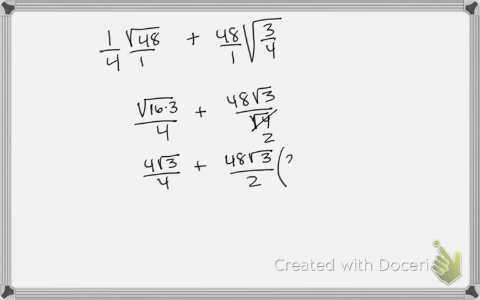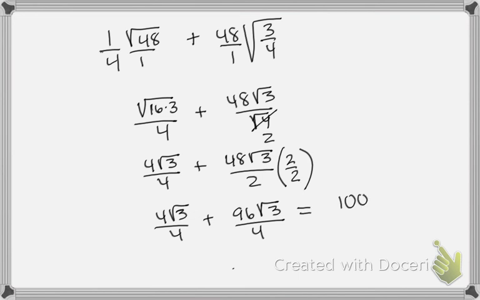I'm going to have to multiply this by 2 over 2. We can't add it until our denominators are the same. So then what I get is 4 rad 3 over 4 plus 96 rad 3 over 4. Let's add them up. We get 100 rad 3 all over 4.